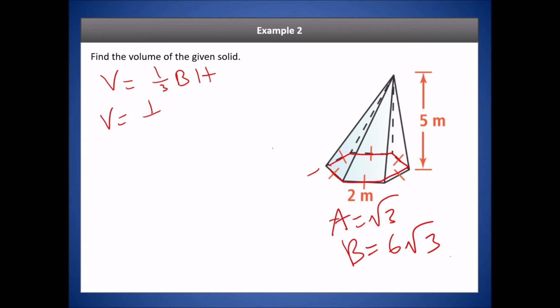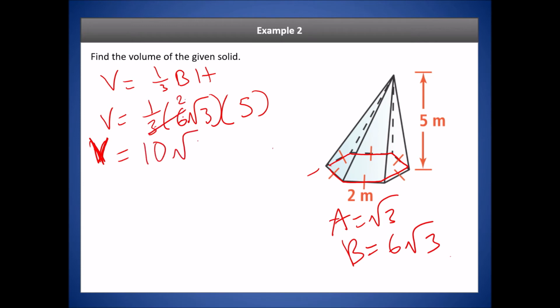Okay, so we have 1/3 times 6 square root of 3 for those 6 triangles times the height, which is 5 meters. And so the total volume of this oblique hexagonal pyramid: 1/3 of 6 is 2. 6 divided by 3 is 2. And then 2 times 5 is 10. So it's 10 square root of 5 meters cubed.